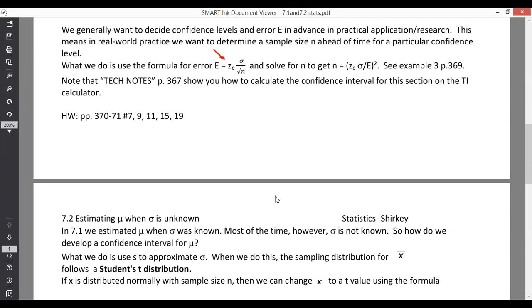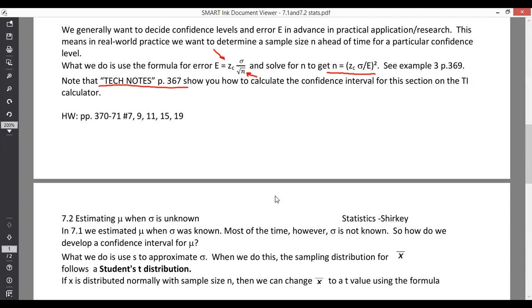And algebraically, if you solve that for n, you're going to get n equals z sub c times sigma, all of that divided by e in parentheses squared. So you guys have had algebra before, right? Up through college algebra at least. So all you're doing is solving this equation for the n, right?